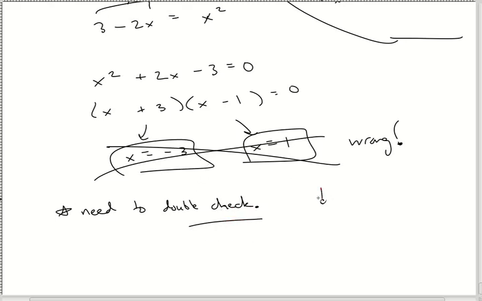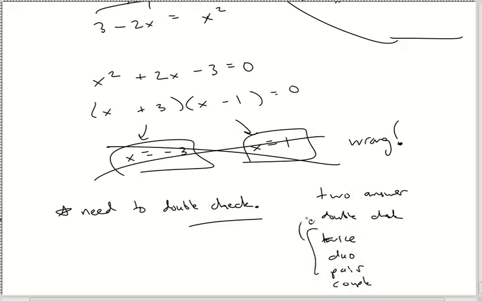I got 2 answers, so I need to double check. I ought to do it twice. Because you have a duo, a pair. There's 2 of them, a couple. There are a couple of answers, so therefore, 2 of them, double check. That's what I'm trying to get at.